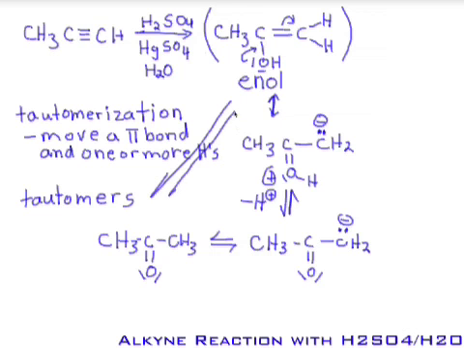They are not resonance structures of each other because you've moved atoms. You've not just moved the pi electrons, but you've taken a proton off and put a proton on. You've essentially shifted this hydrogen to the CH2 minus.